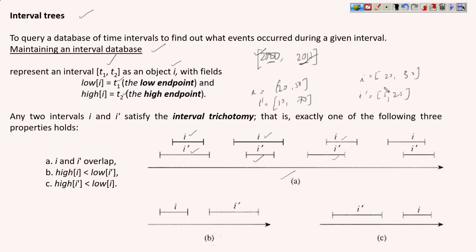So this is a scenario where overlapping occurs, that is, the values 20 to 25 overlap in these two intervals. In the last scenario, we have two intervals I and I dash, and the highest value of I is less than the lowest value of I dash, or in the reverse way, the highest value of I dash is less than the lower value of I. So these are not overlapping, while the earlier ones are overlapping cases.